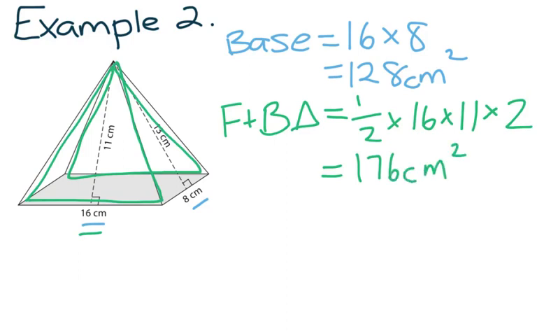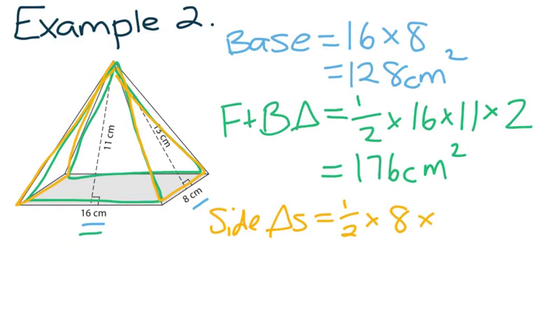I then am going to do these 2 side triangles in the yellow there. We do the same again: half times the base, which is 8, times 13, which is the height, and then we've got 2 of them, so we multiply by 2, which gives us 104 centimetres squared.